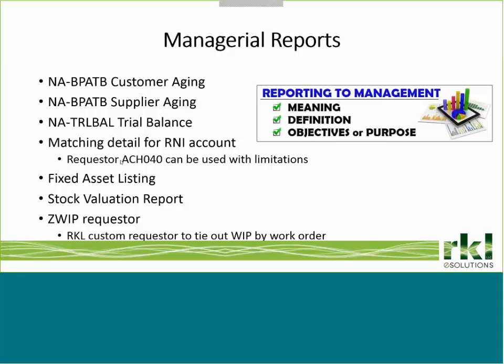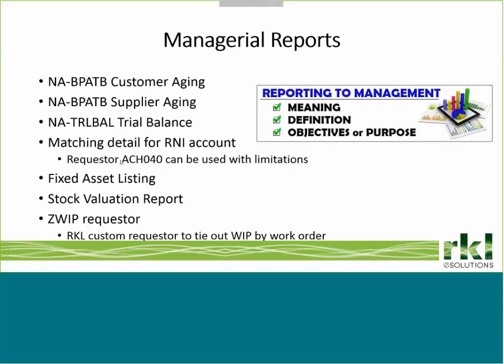But if you're receiving in full and invoicing in full, you might be all right to use that ACH 040 report. So you can find that under reports, view queries, and if you type in ACH 040, it'll pop up. If it's not in your folder, you might just need to copy it down from the X3 folder.